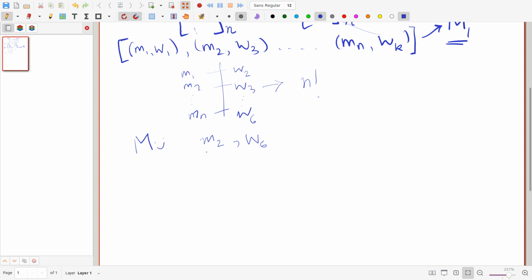The deal is that if we go back and look at the preference order of man 2, his preference order might have been woman 2, woman 3, and so on. Maybe woman 6 somewhere here, and maybe woman 7, and so on. That's okay.